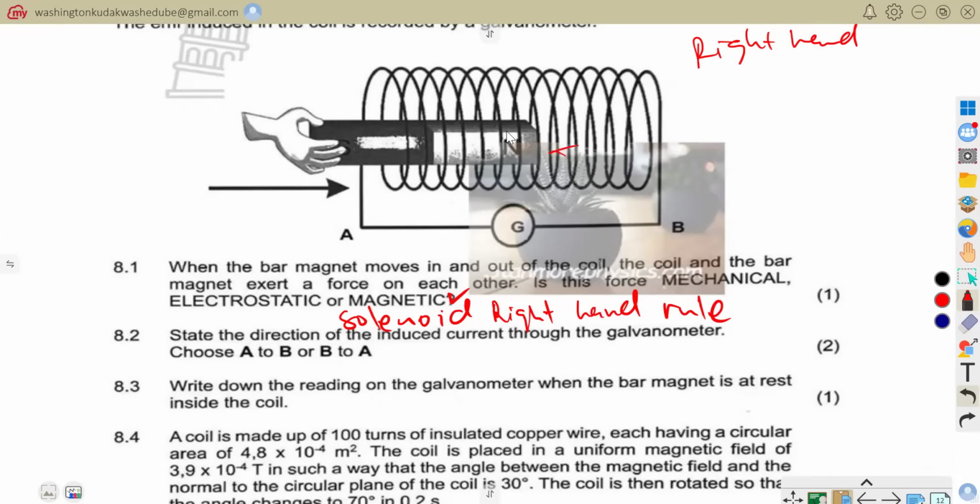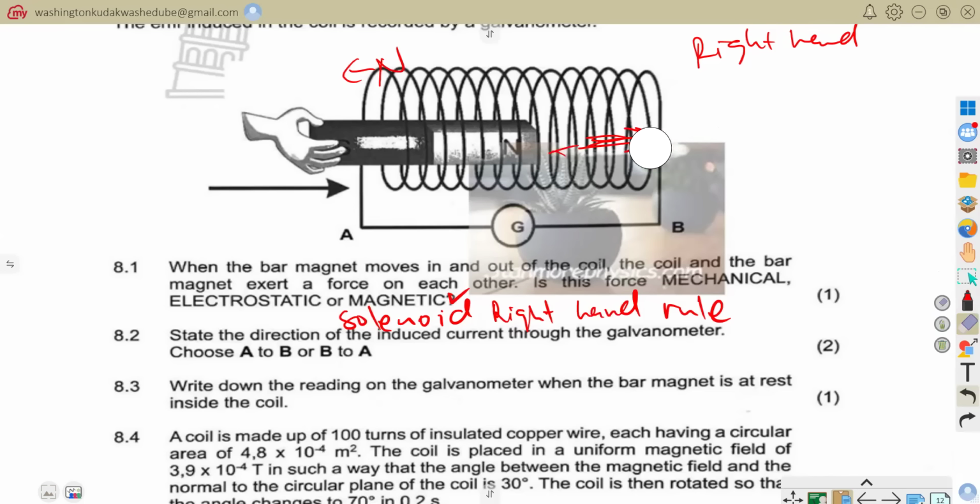So if we have this magnet being directed in this direction, having a north pole here, it means that on our far left we are going to have a north pole so as to repel this to go outside. Once we have this north pole repelling this, it simply means that the magnetic force induced here will be in that direction.